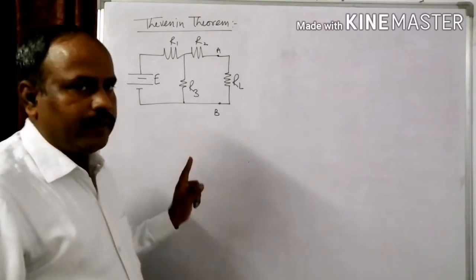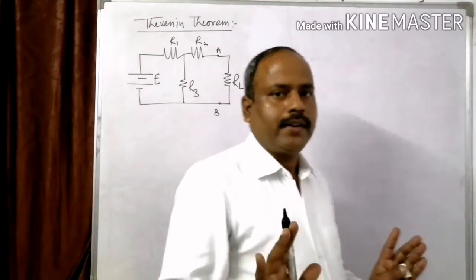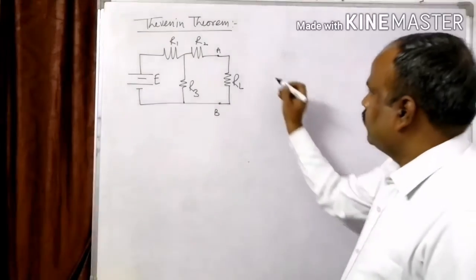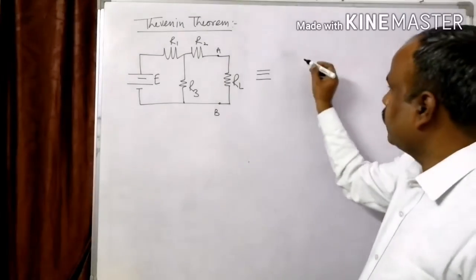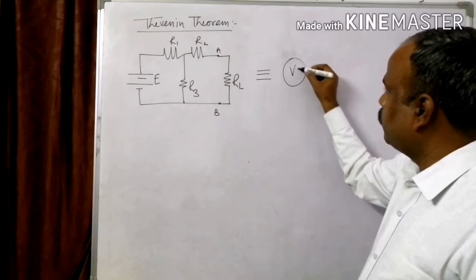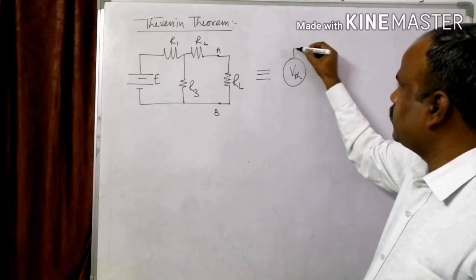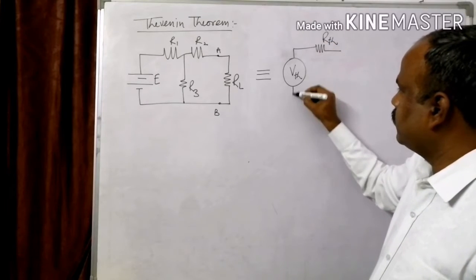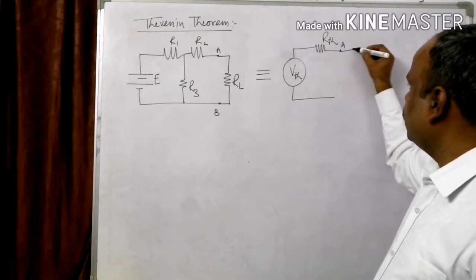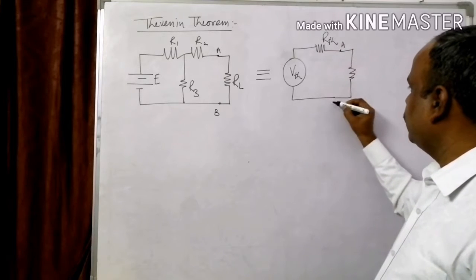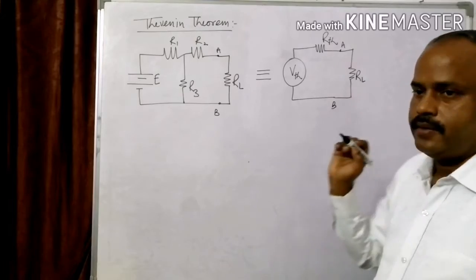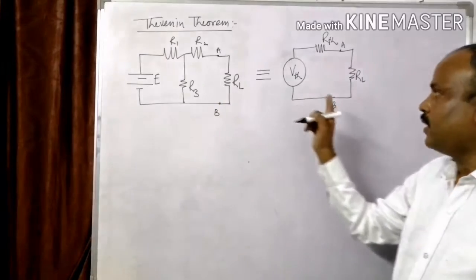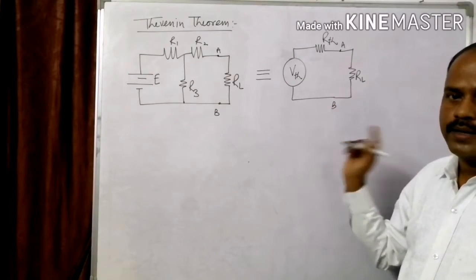Now I am resolving this circuit into a simple circuit that is known as the Thevenin equivalent circuit. This is the equivalent circuit containing three components: VTH, RTH and RL, connected between points A and B. This circuit is known as the Thevenin equivalent circuit.